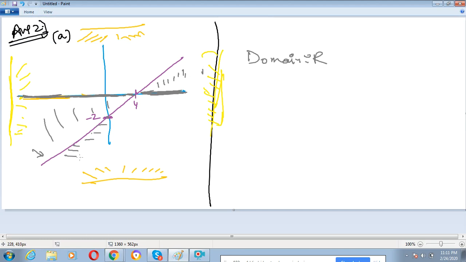It will fall here, and it will fall on the complete y-axis, right? Are you getting it? So the range is also R.